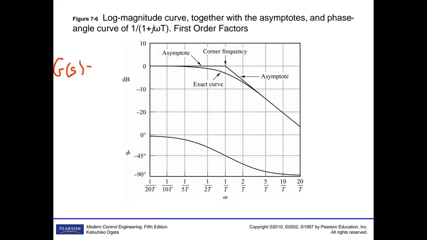First order system. So that means s equal j omega. The curve is something like this. For small values of omega, the logarithmic response is changing like this.